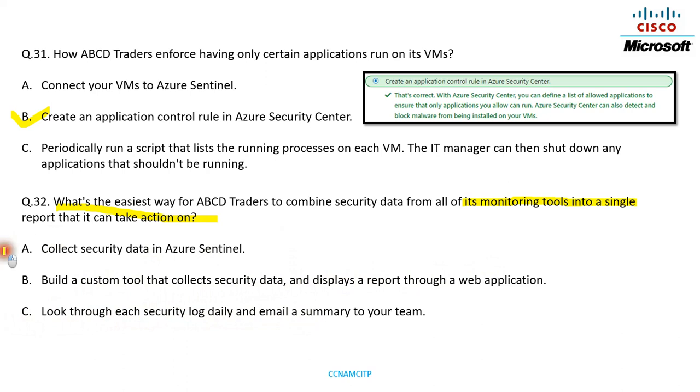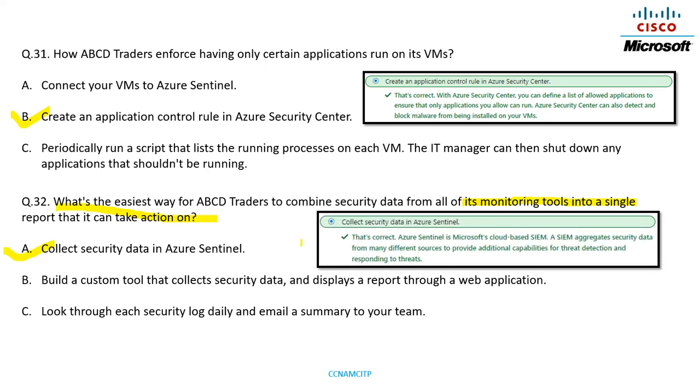No. They can collect security data in Azure Sentinel. So A is your answer, because Azure Sentinel is Microsoft's cloud-based SIEM, and you can read a couple of things. I'm just taking you through the basic idea. Answer should be A. So make a note, because if I tell everything, it will be a very lengthy video.